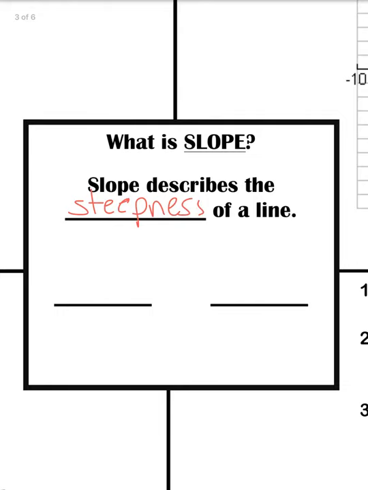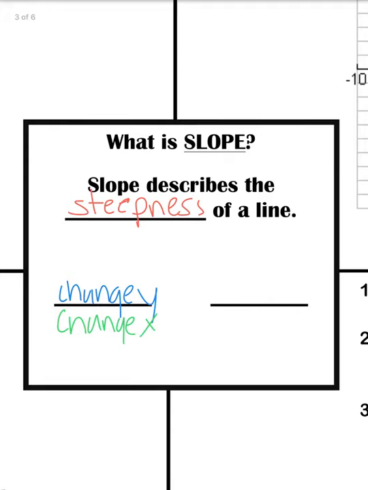And there's 2 things that we need to know and be able to say once we are finding the steepness or the slope of a line. And I've already used a couple of them. Once again, we talk about the change in y being on the top over the change in x.